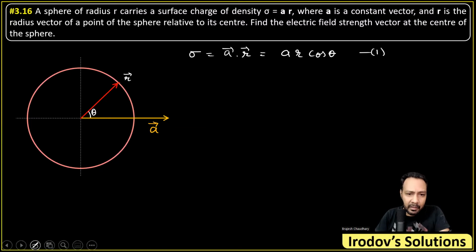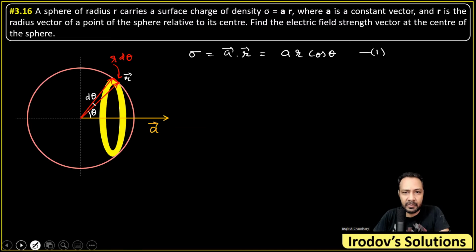And let me take a strip, a ribbon type of thing around this sphere, from theta to theta plus d theta. This is a ribbon, and the width of this ribbon is r d theta, and all points of the ribbon will have the same angular position theta.